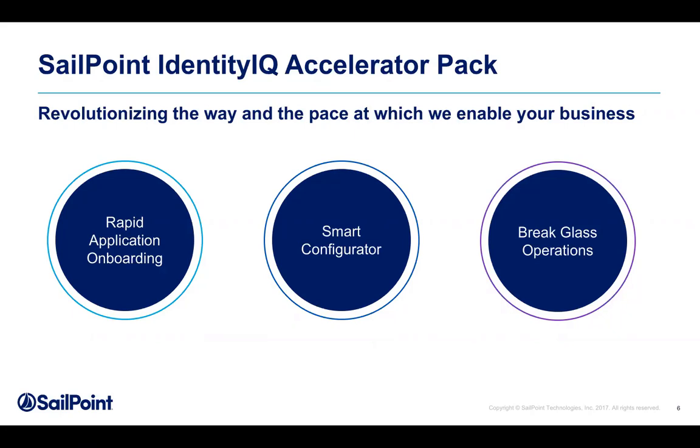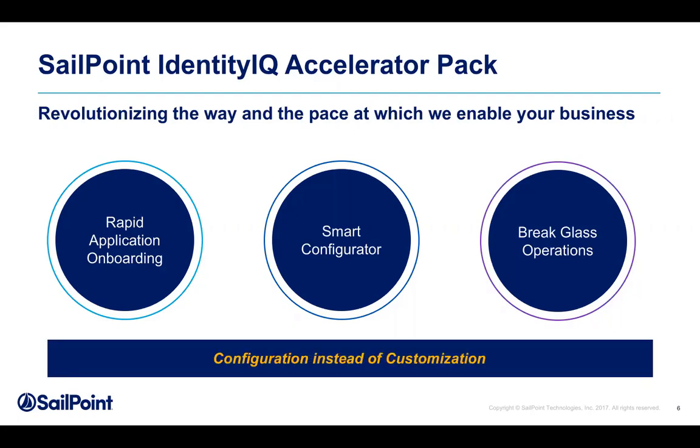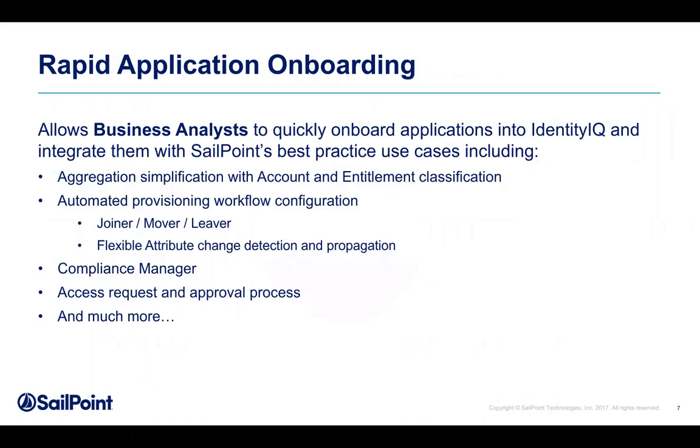This is extremely important for situations where you're walking somebody out the door because they did something nefarious, or you found somebody's account that should not be in the enterprise any longer, or when you're bringing somebody on board. Let's think more positively about somebody coming into the organization, and this may be an emergency situation in which you need to get them working immediately in the middle of the night. There are plenty of our verticals out there where that's a particular concern. Again, I can't state this enough, but this is configuration instead of customization, and doing this in a standardized way. We'll look at more of the specifics here in a few minutes.